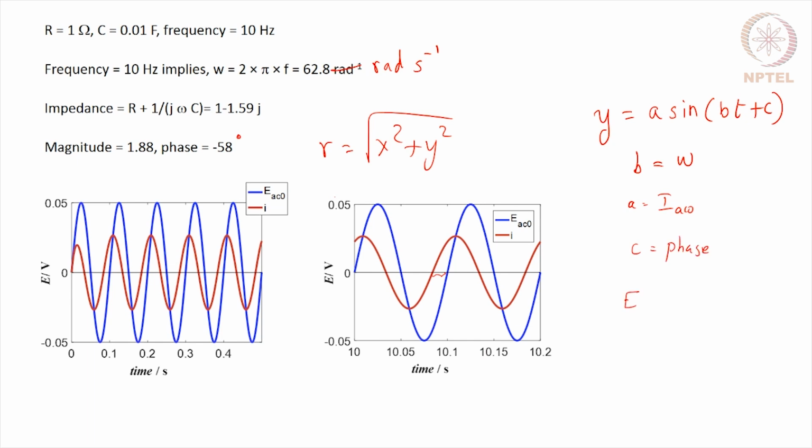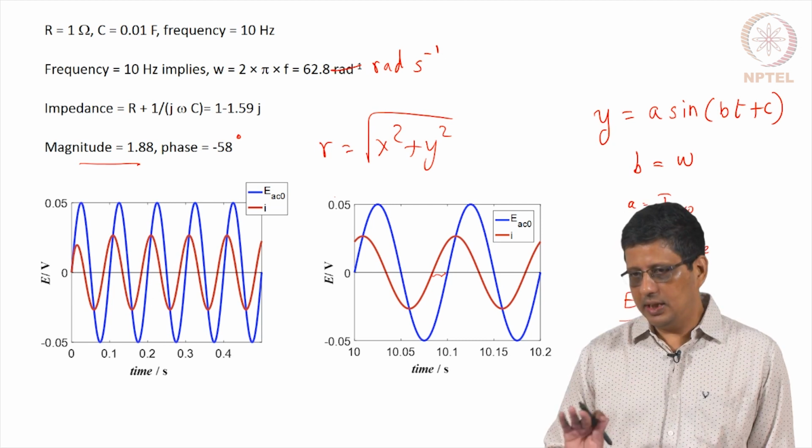I can take EAC 0 divided by IAC 0 to get the magnitude and check whether it is the same as 1.88. The phase of the potential is 0, the phase of the current is whatever we measure here, and if I take this equation and calculate the phase, I should get 0 minus phase, which should be minus 58. This is the third choice.